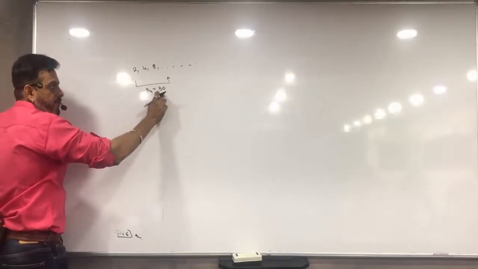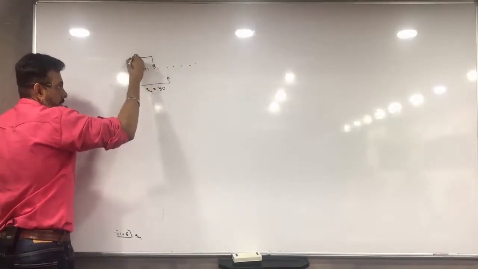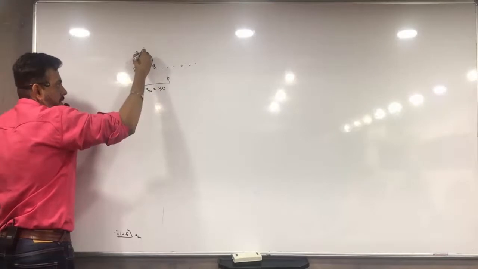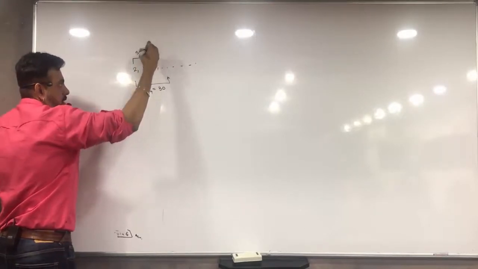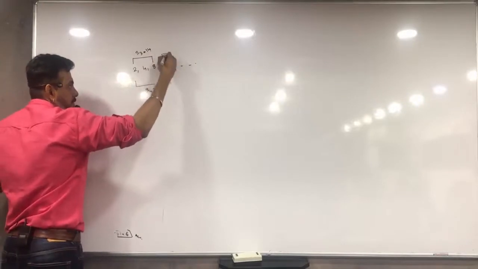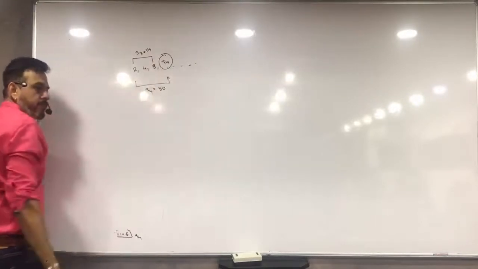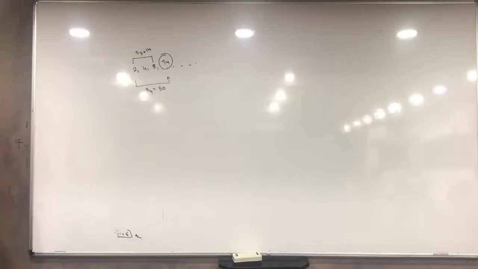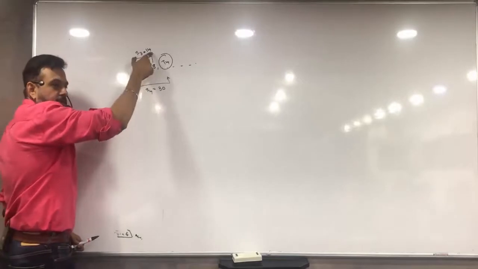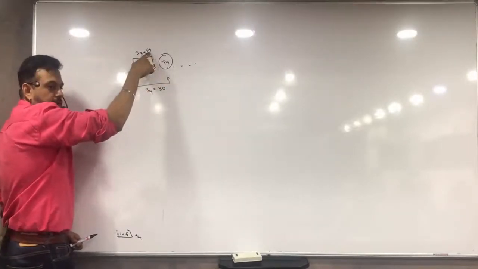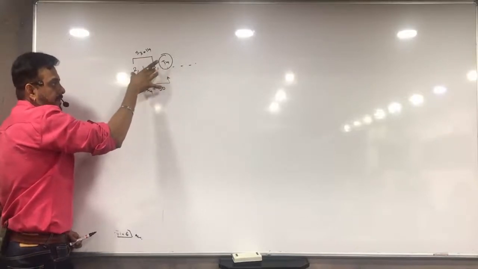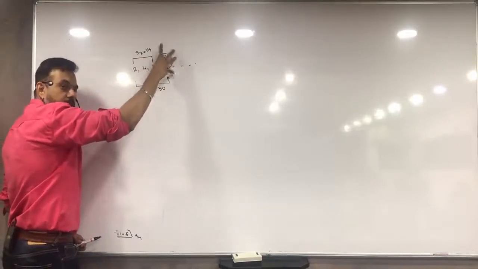S4 is equal to 30 and S3 is equal to 40. Can you find the fourth term T4? What will be T4? S4 minus S3. This is the total of 4 and this is the total of 3, so if we remove this 3 from this 4, we will get this term.